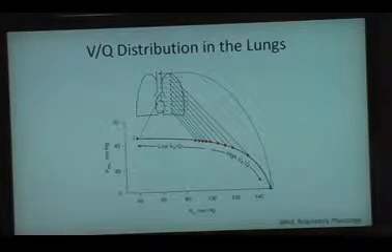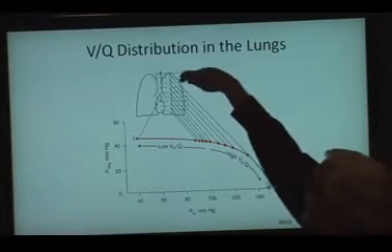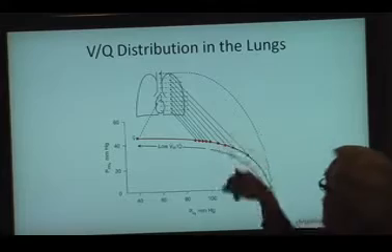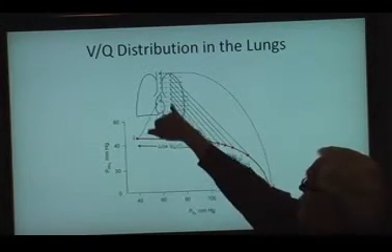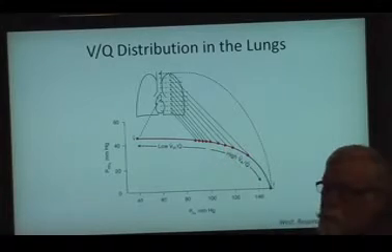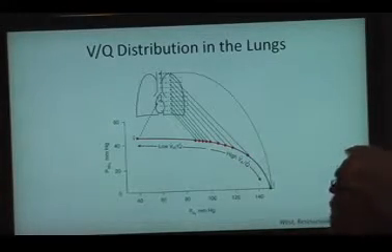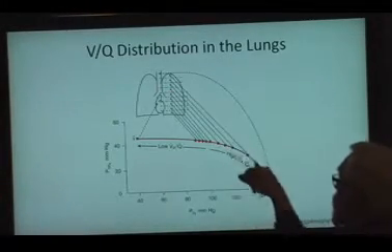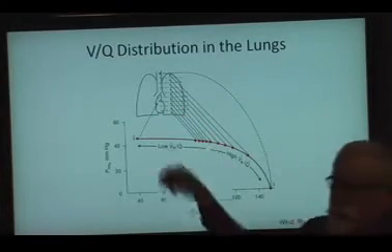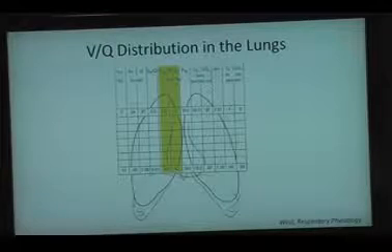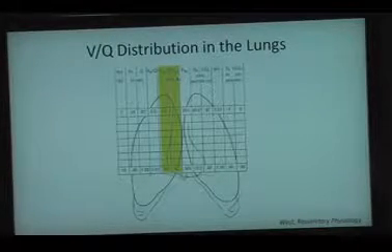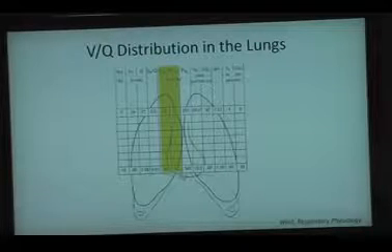The result is that alveoli near the top of the lungs are on this part of the O2-CO2 diagram, and alveoli at the bottom of the lungs are on this part. So the top of the lungs has more of a dead space effect, the bottom more of a shunt-like effect. And the result is that in your lungs, there is not a uniform PO2 and PCO2.